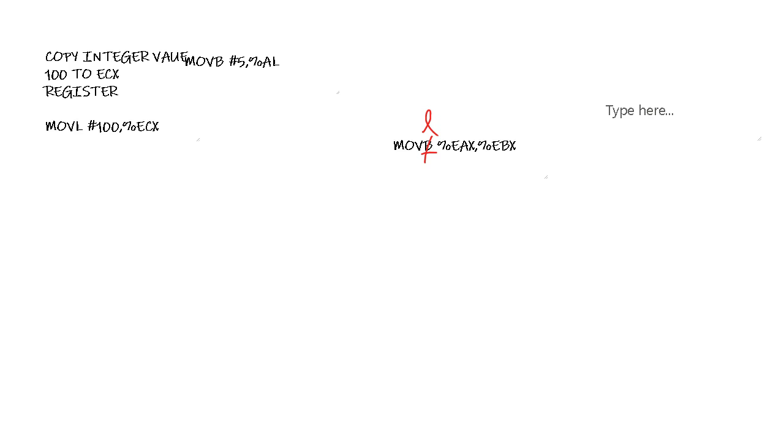So value is the name of a variable. It is of the type integer and it contains the value 42. This is how we declare a variable in C programming. I guess you people know C, that's the reason I took a C example, but if you don't know C also, no problem.